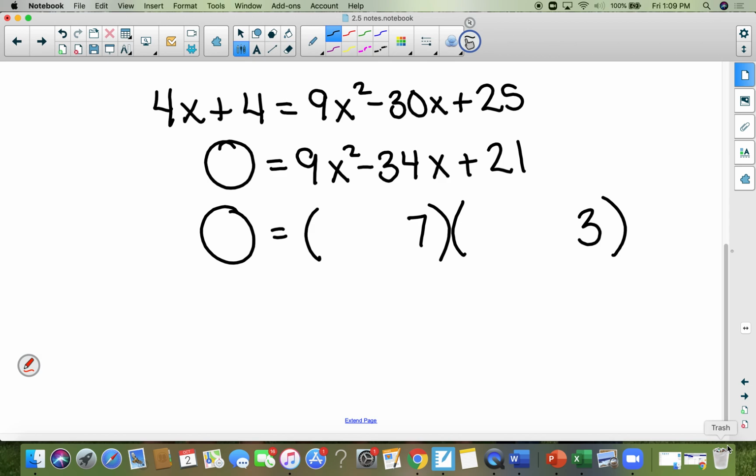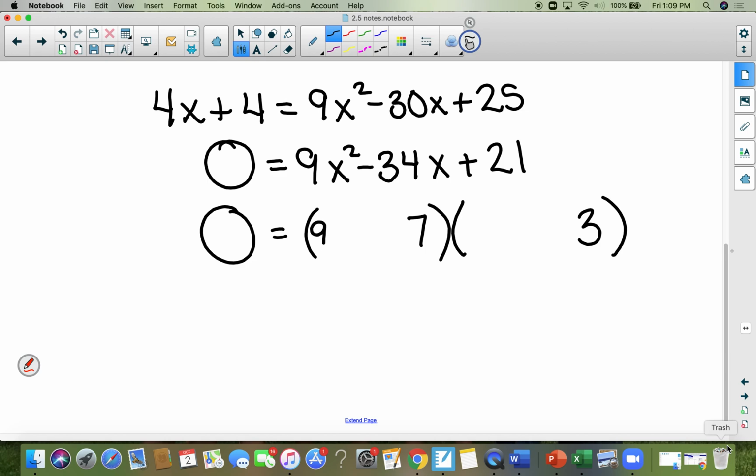And 9. Well, 21 is 7 and 3. I'm going to try 9 being the 3 and the 3. And that's 21 and 9 makes 30. So it's not the 3 and the 3. The 3 and the 3 does not work.